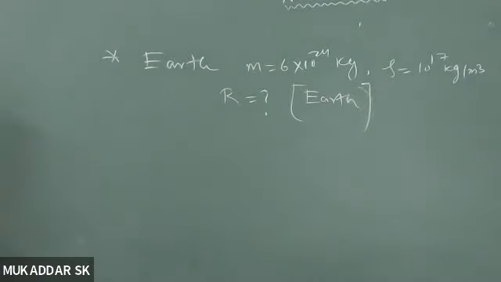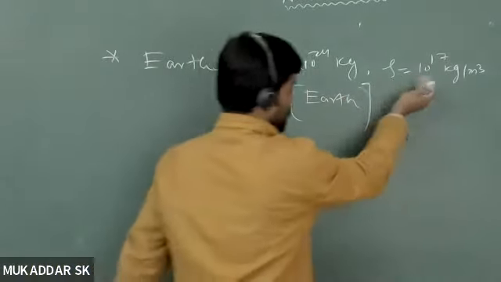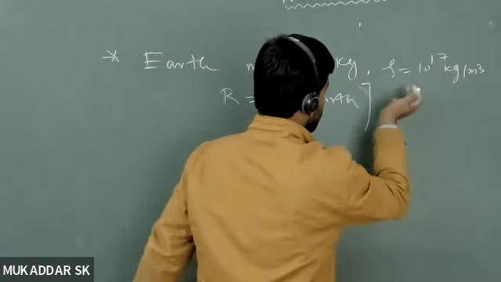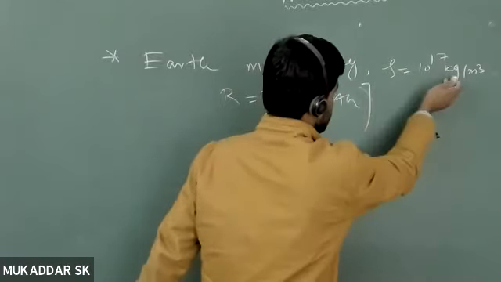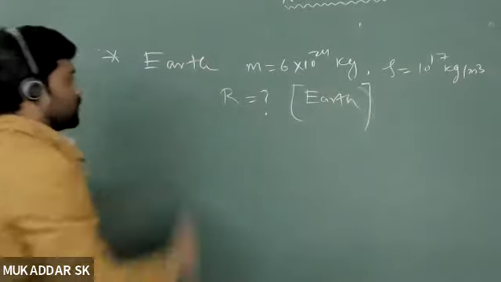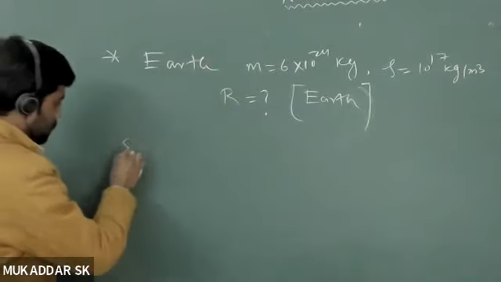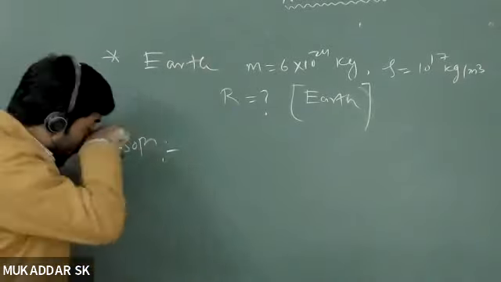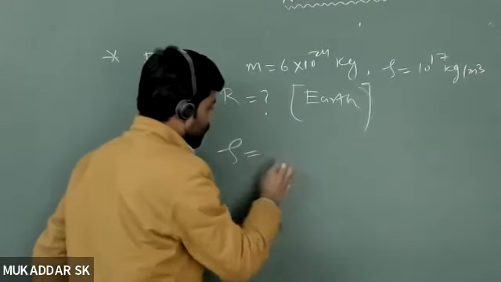It's very simple. Mass is given and density of nucleus is given, and they told you if the density of earth is the same as the density of nucleus, then what will be the radius of earth? So how will we solve? You know density is nothing but mass per unit volume.